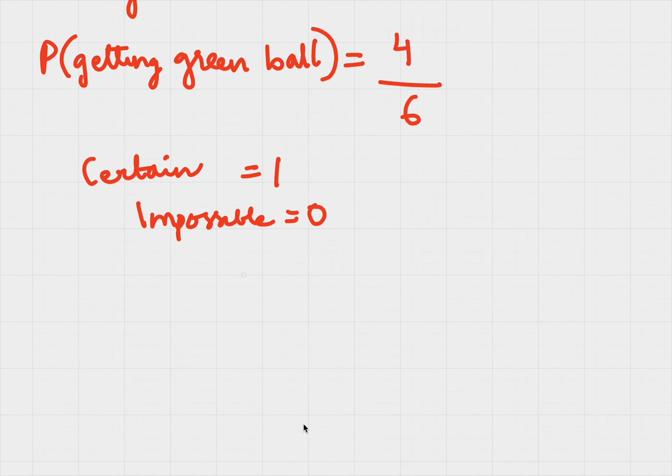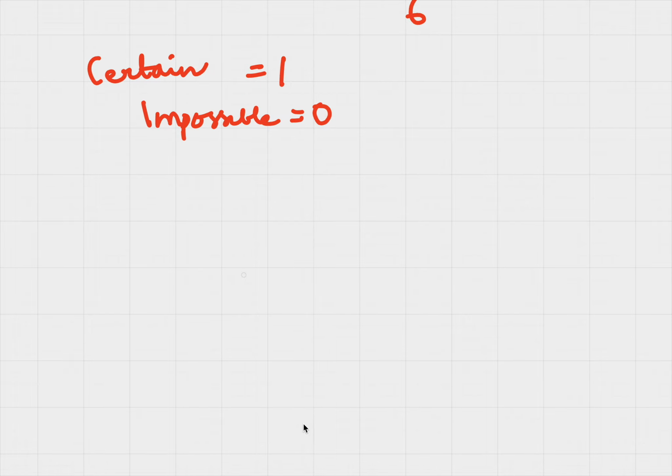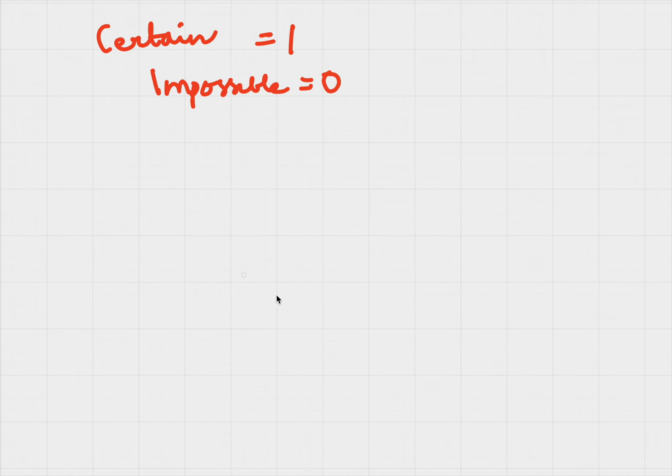So the probability value lies between 0 and 1. If you see in the options any value lesser than 0 or greater than 1, you can say that would definitely not be the answer, because probability always lies between 0 and 1.